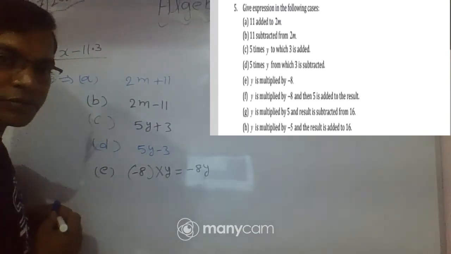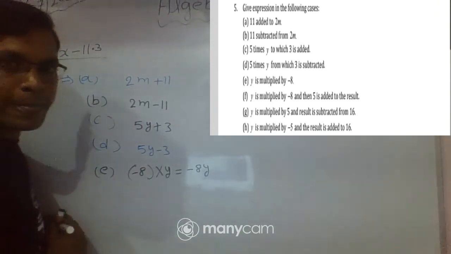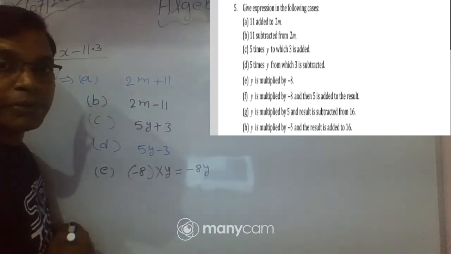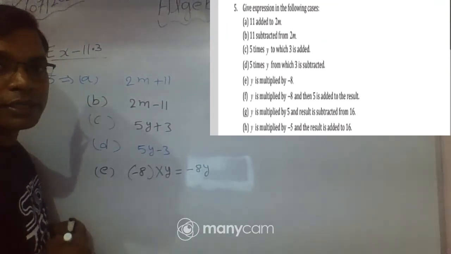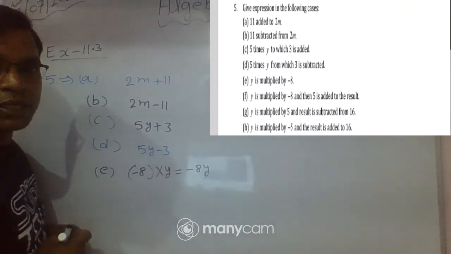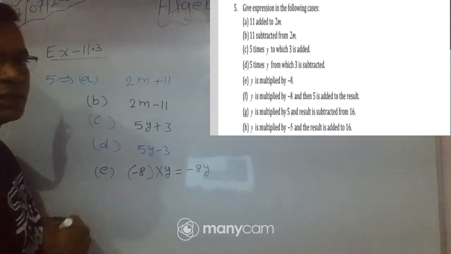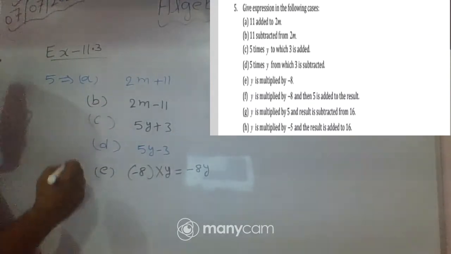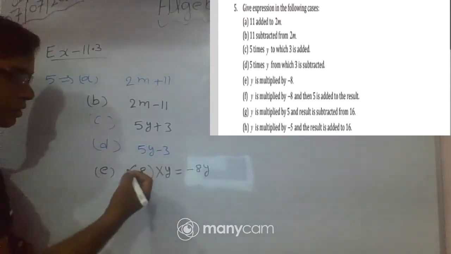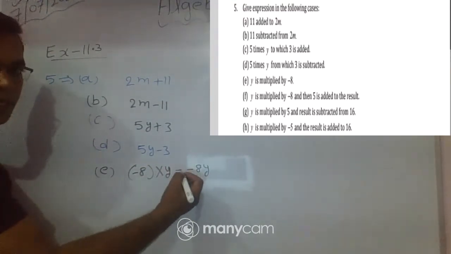Next part is F part. Question number 5. Y multiplied by minus 8 and 5 is added to the result. So first we multiply y by minus 8, so it becomes minus 8.